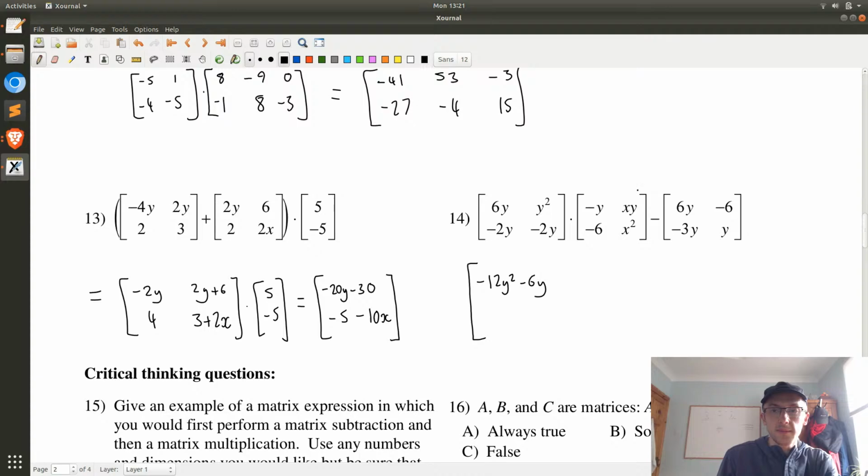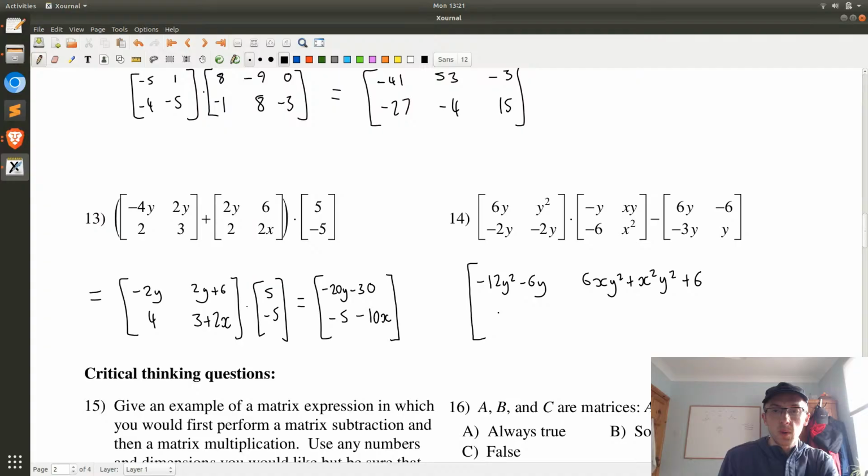What next? 6xy squared, add x squared y squared. And then take away and then add 6. That's what it appears to be.